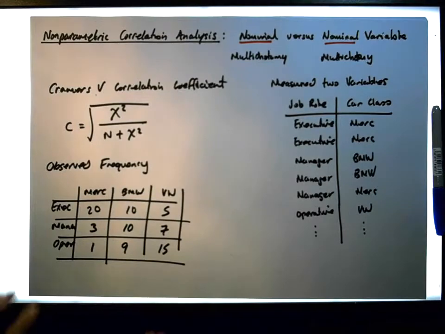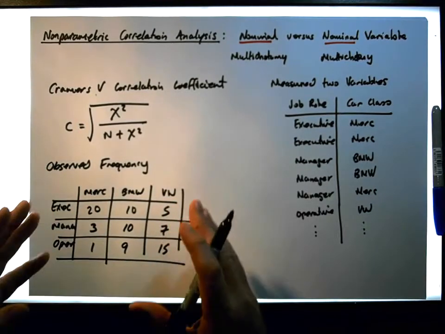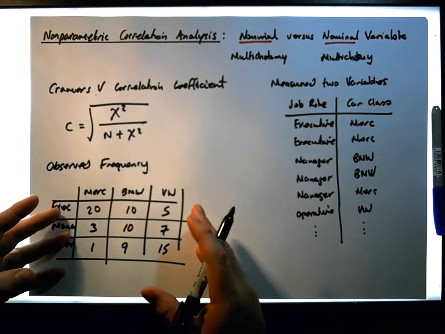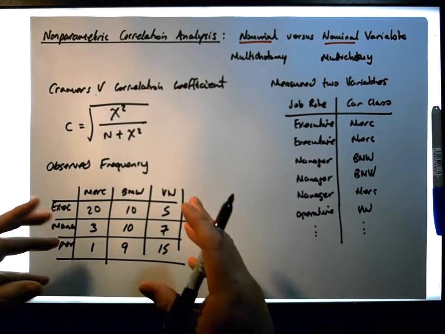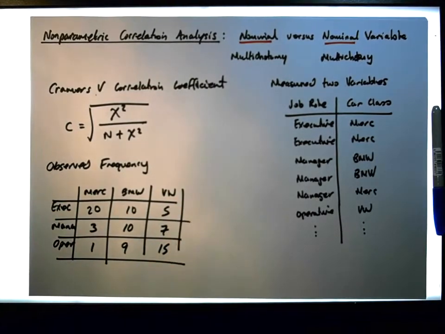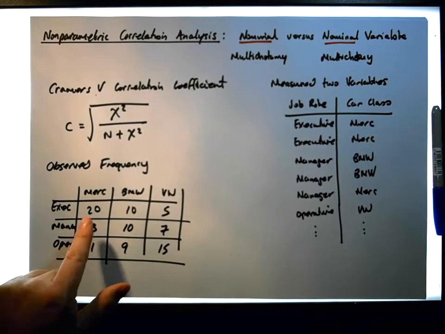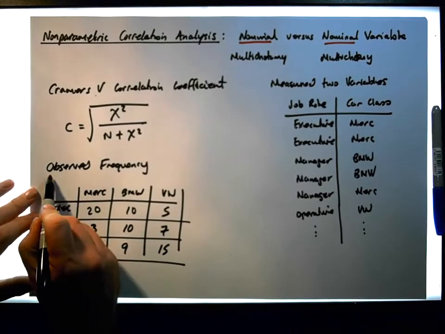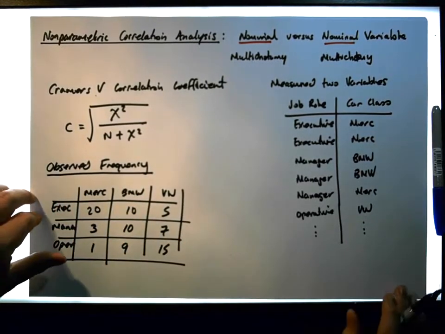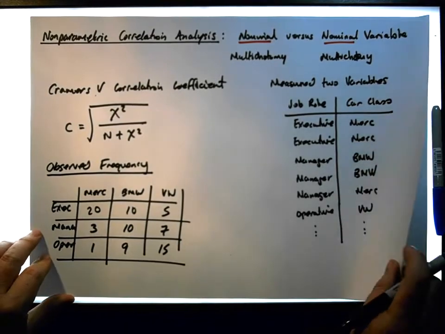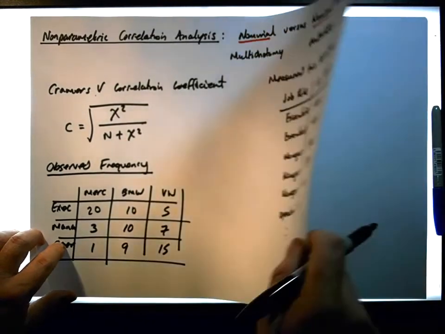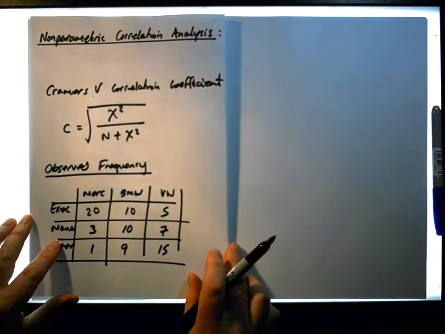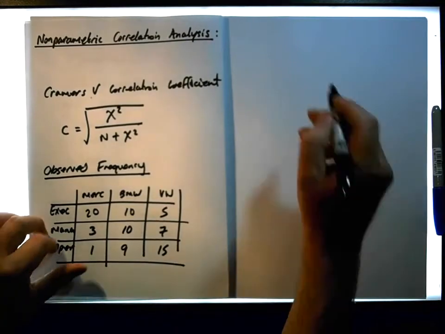So what we'd like to do is test this. We'd like to calculate the chi-squared test statistic for this contingency table. These are our observed frequencies, so we need to build our expected frequencies. Maybe I'll give you the formula for the chi-squared test statistic first.